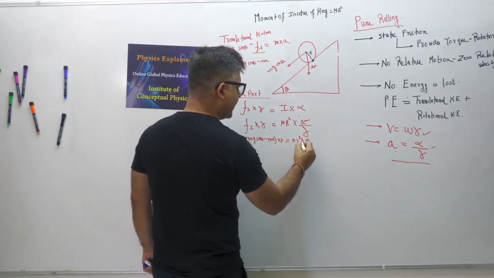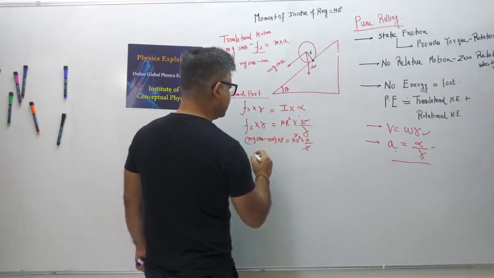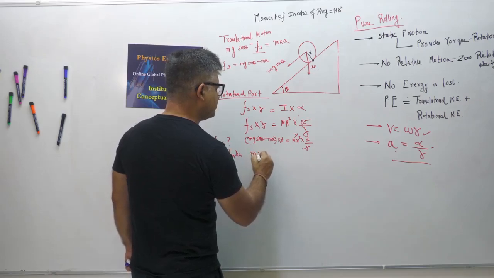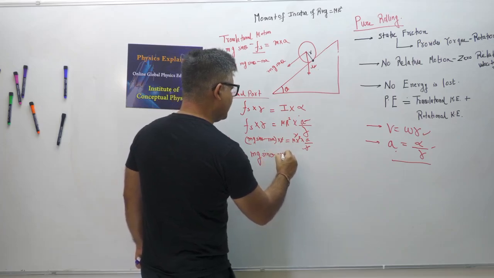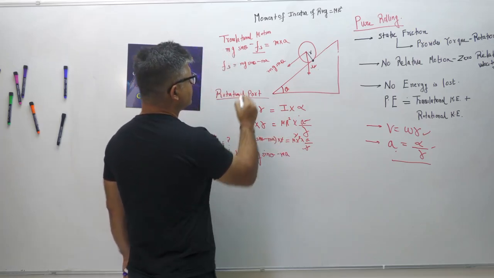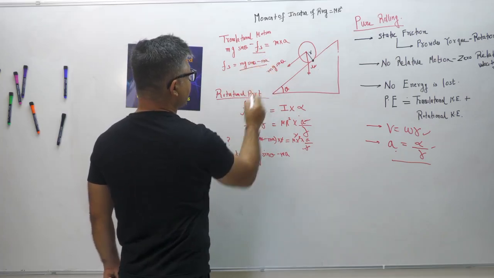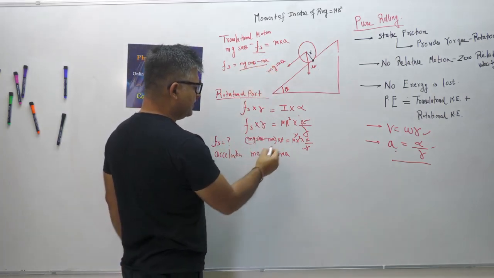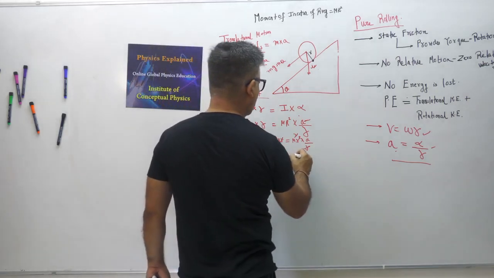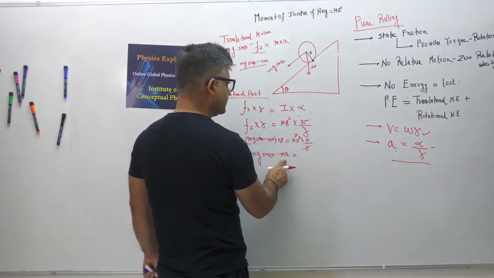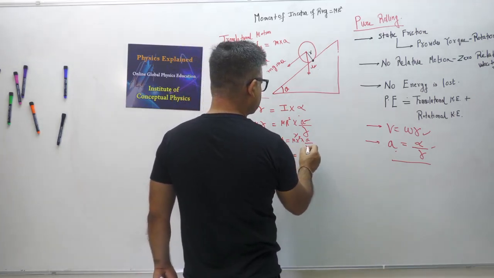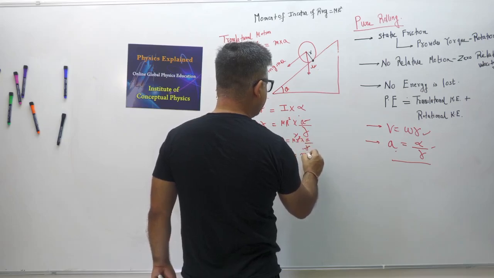Okay, so r cancels, and what are we left with? mg sine theta minus ma is equal to, this r also goes away, you are left with ma.